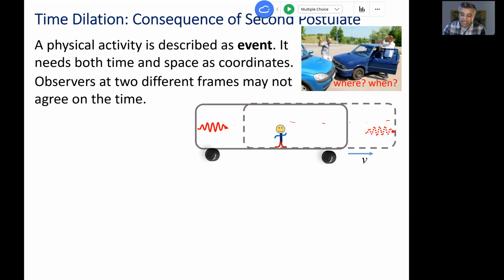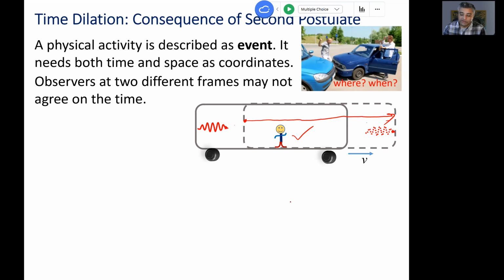The back of the object is going to arrive here, the front of the object is going to arrive there, and we are saying the light reaches there, right? So for the observer who is in the car, what happens? Light started from the back here and went there. So that's the distance traveled by light for this person.